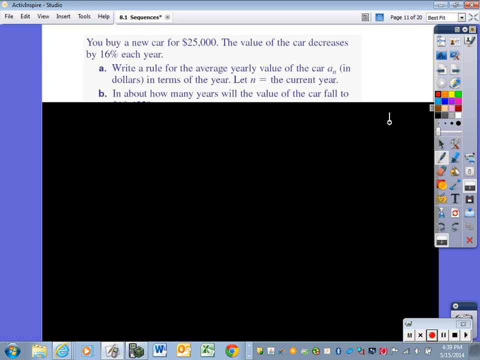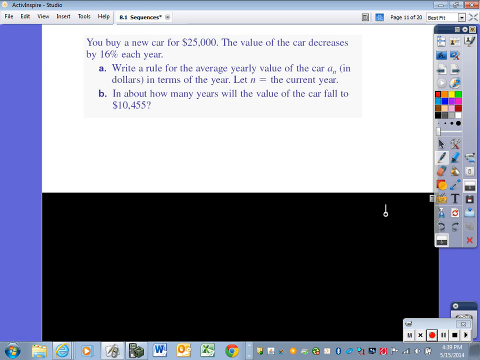Now, a couple real life situations, and we can call it a day. You're going to buy a new car for $25,000. The car decreases in value by 16% each year. Write your rule. So what's happening in this sequence? In your first year, you have how much? $25,000 worth.